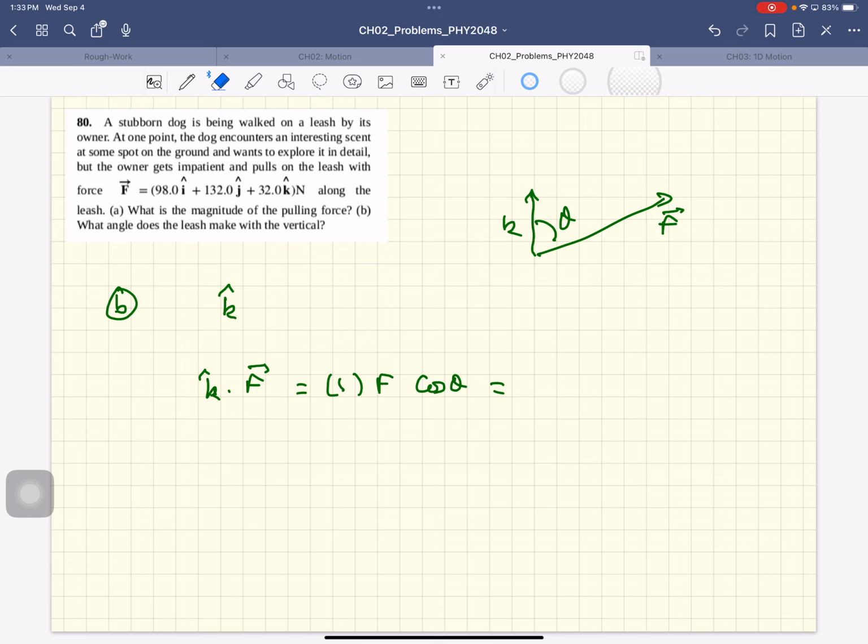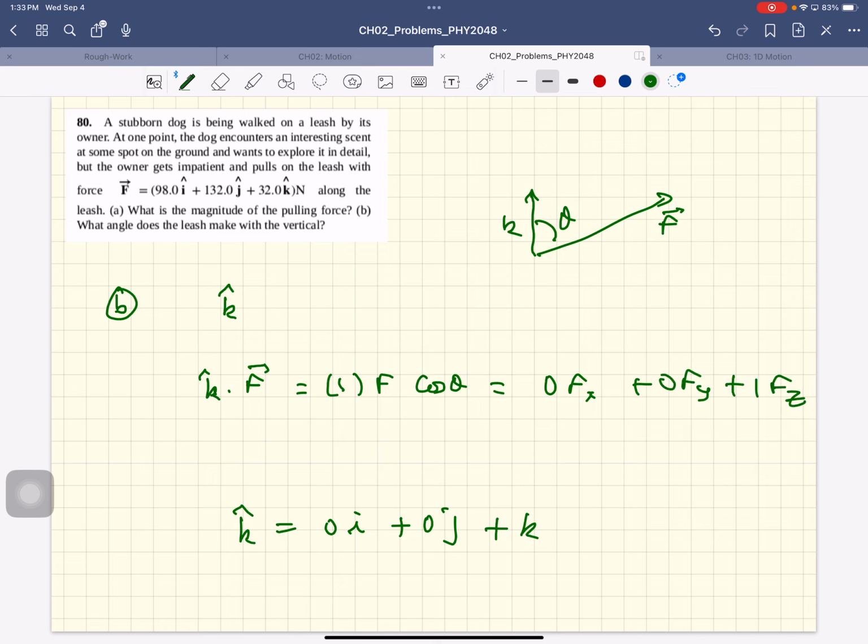So here is k written in terms of components. Very good. 0i, 0j plus k. All right, so this is 0 times fx plus 0 times fy plus 1 times fz. Okay.